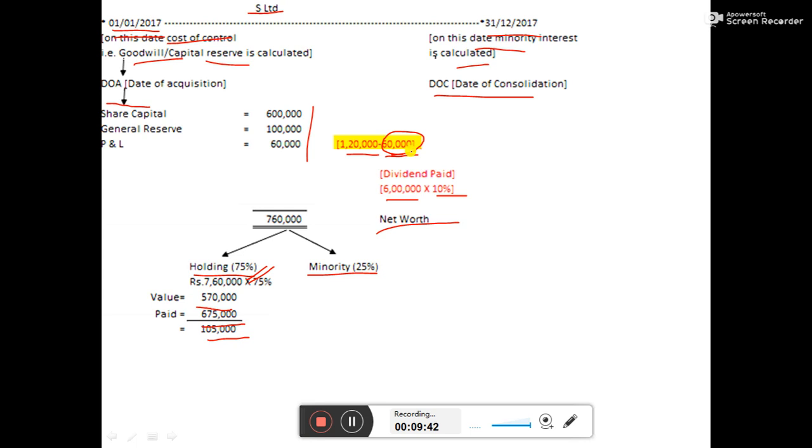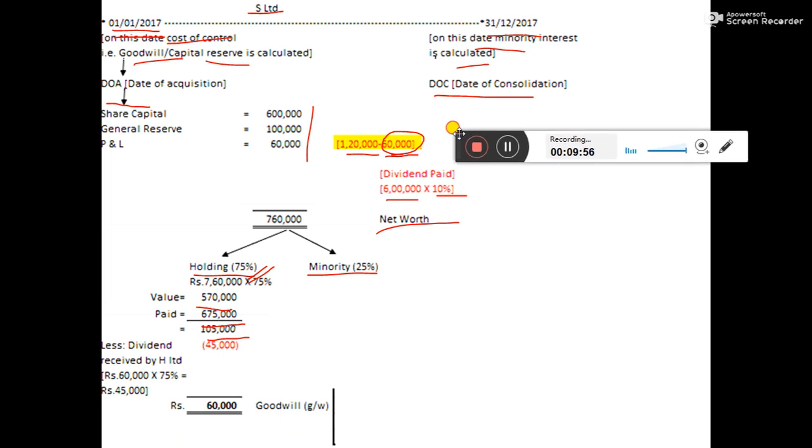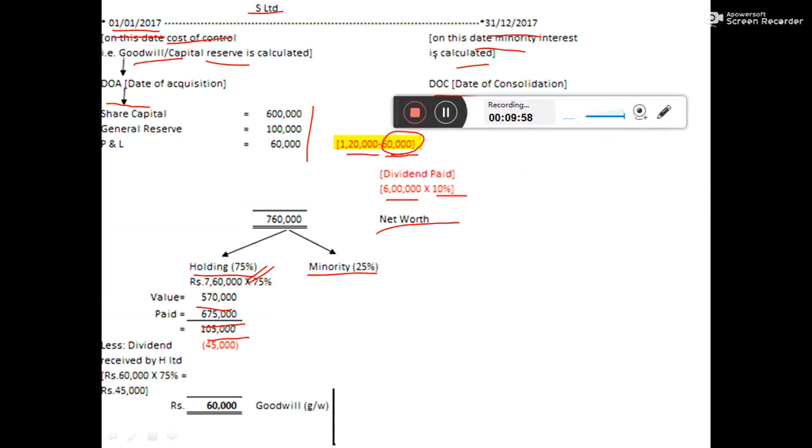Out of the 60,000, 75% will be received by holding company. So 60,000 into 75%, that is rupees 45,000, will be deducted, and the goodwill is 60,000, and this goodwill will be shown in the balance sheet on the asset side.